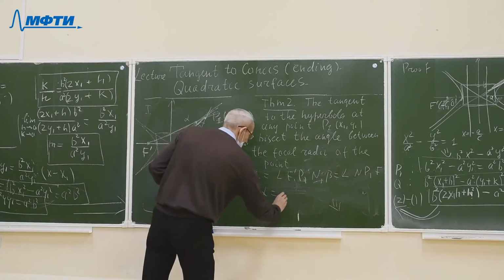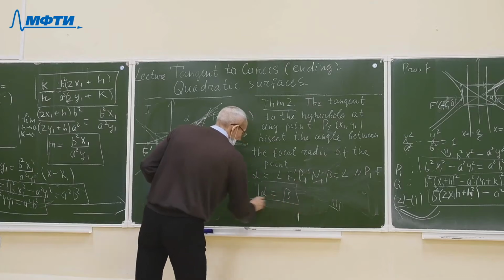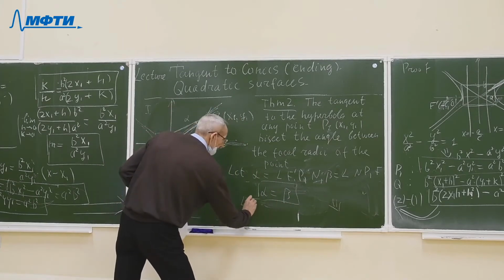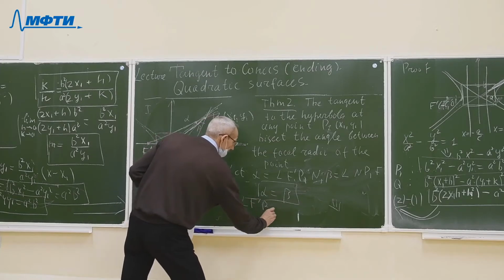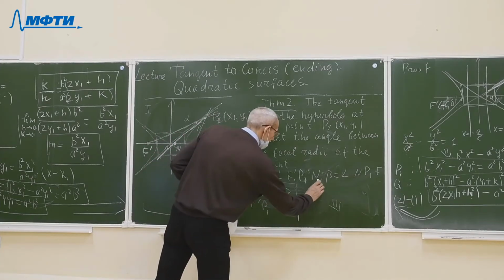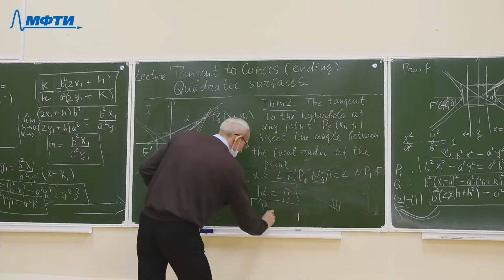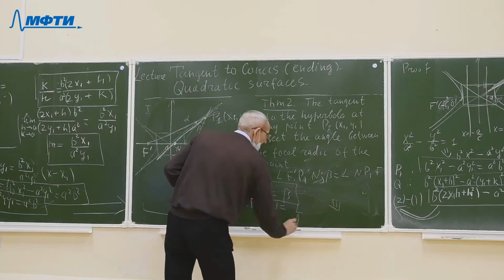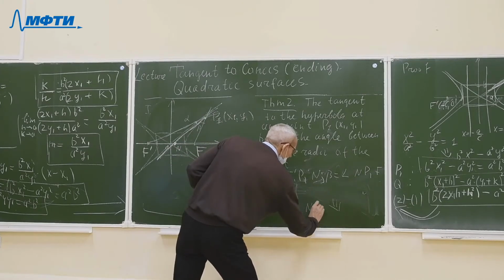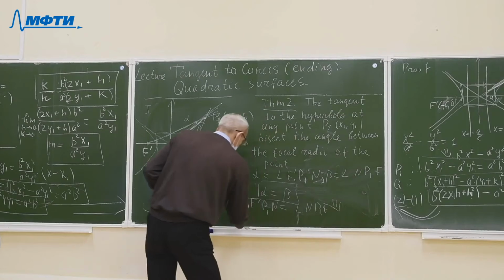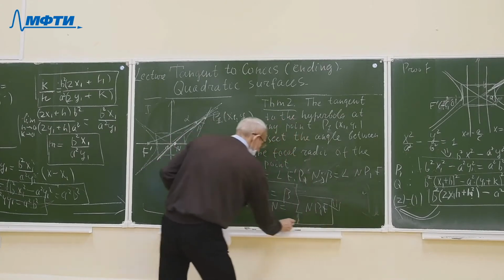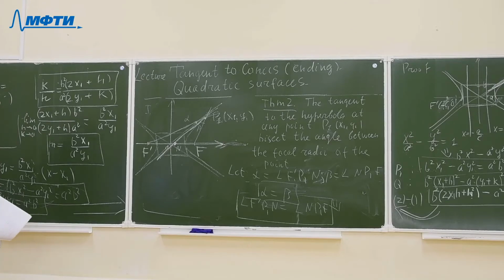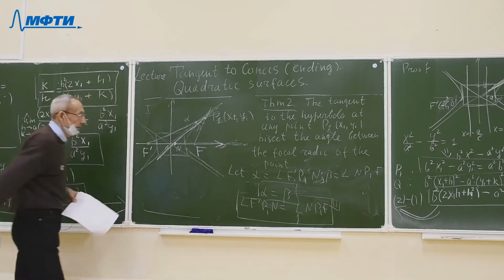Alpha is equal to beta, or the angle F prime P1 N is equal to the angle N P1 F. These two angles are equal. This angle is equal to this.